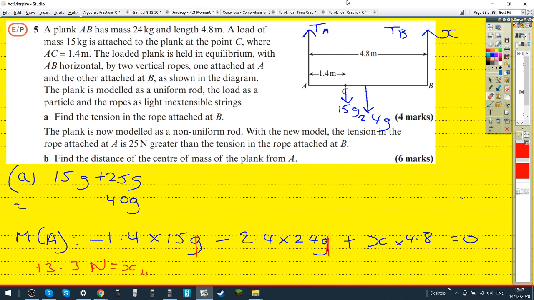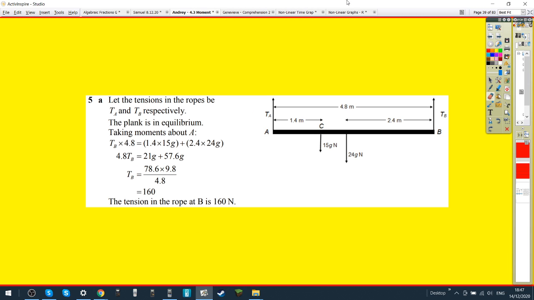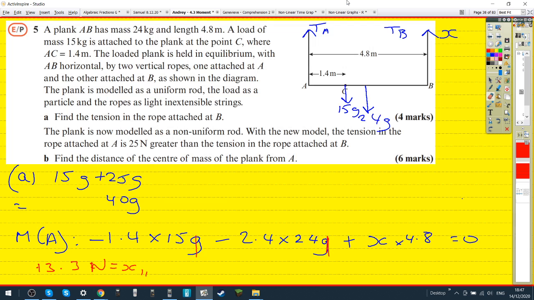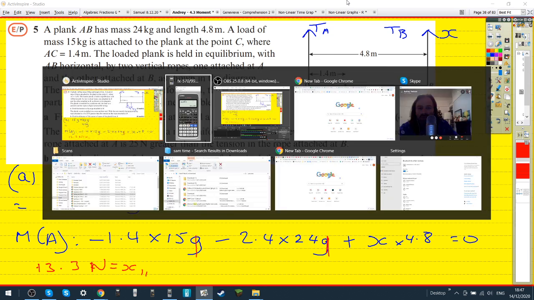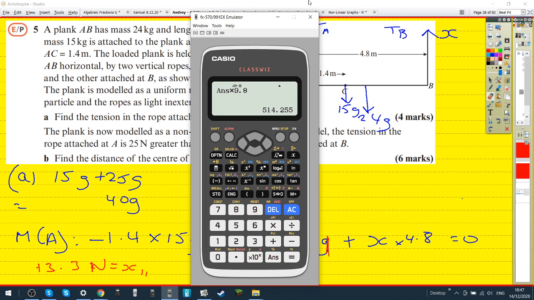What am I doing wrong here? They rounded it. They just rounded it heavily to 2 sig fig. Sorry, so I was right the first time.